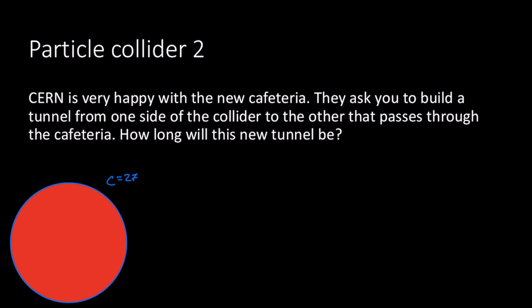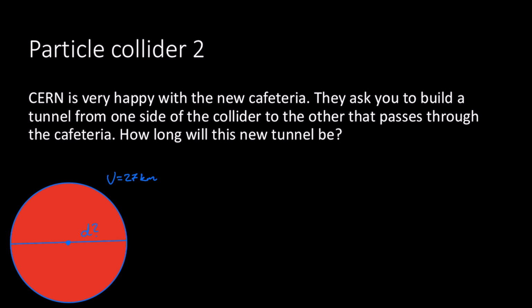U, the Umfang, is still 27. We have our cafeteria, and they want a tunnel from one side to the other that passes through the cafeteria. So, what does this look like? This looks like the diameter.